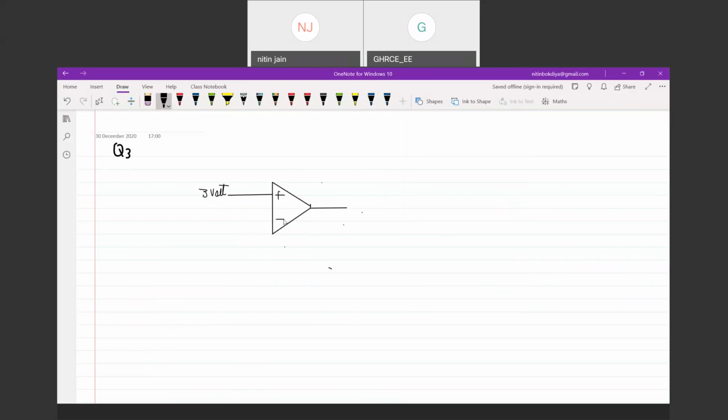Then this is connected to the BJT. This is 12 volt.